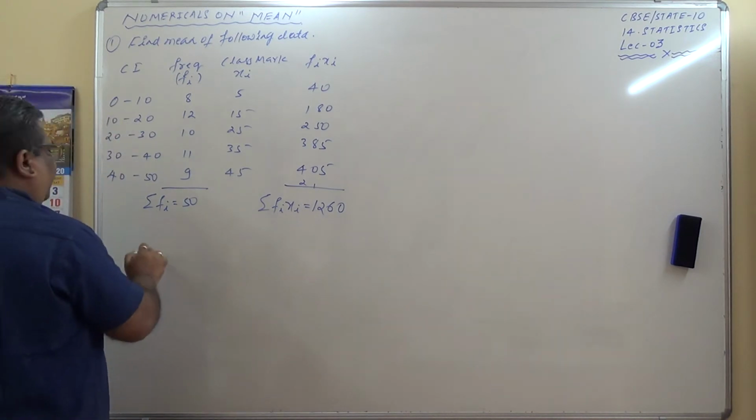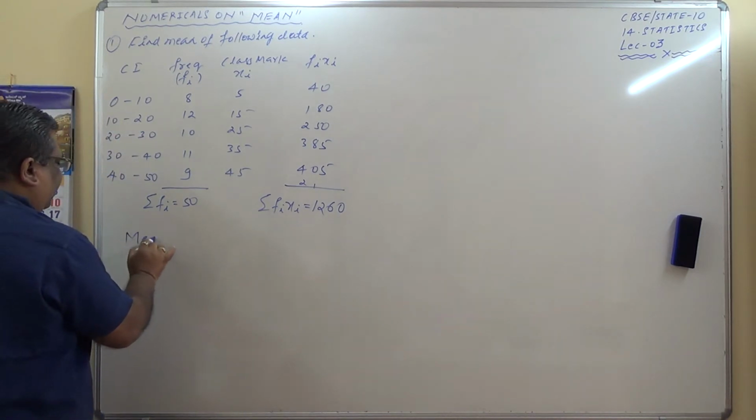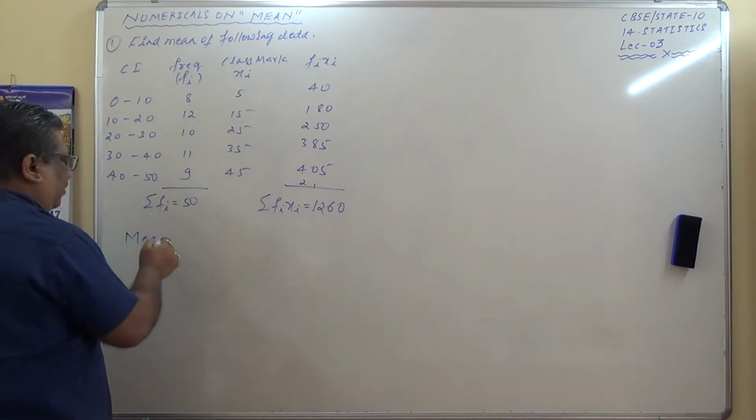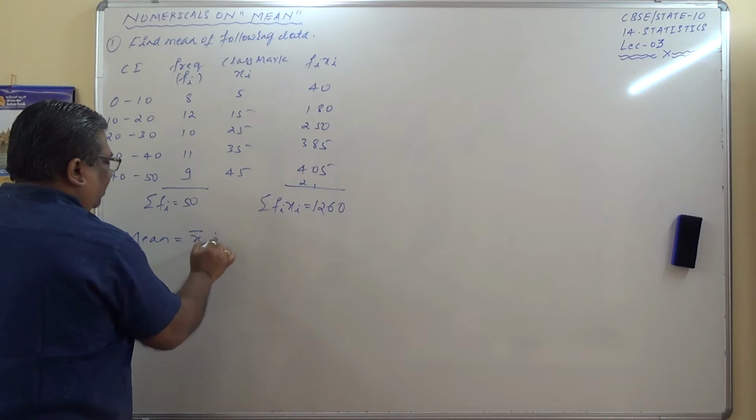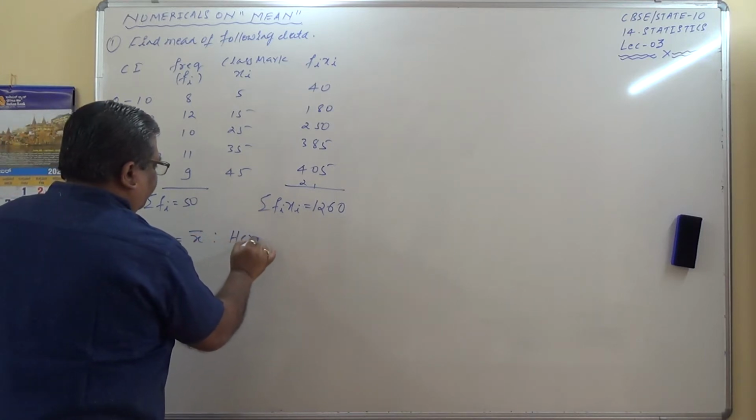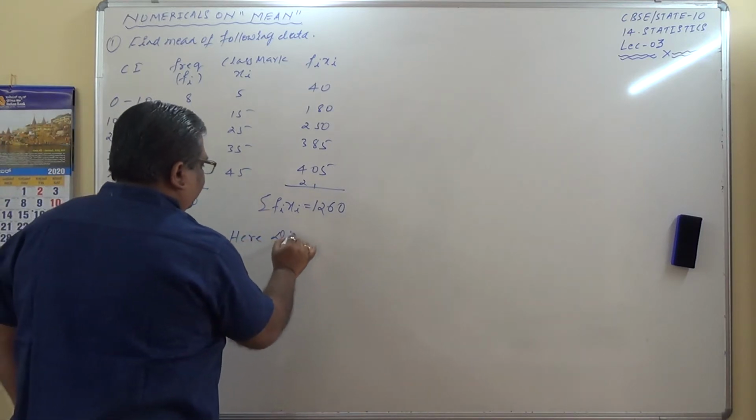So the arithmetic mean is given by, I am adopting here the direct method. I hope you understand that.